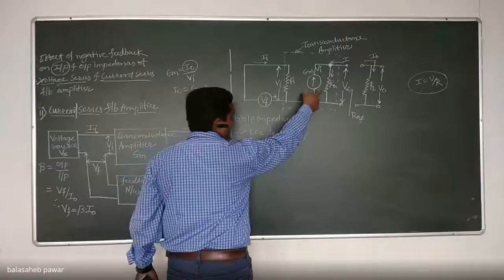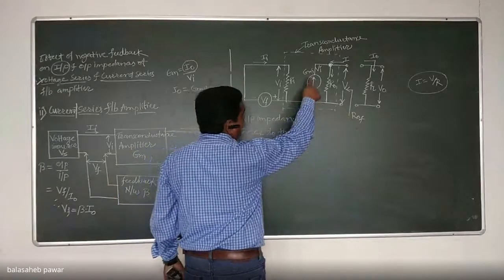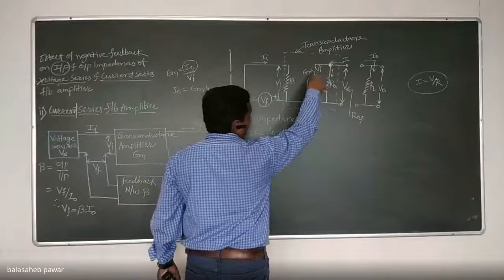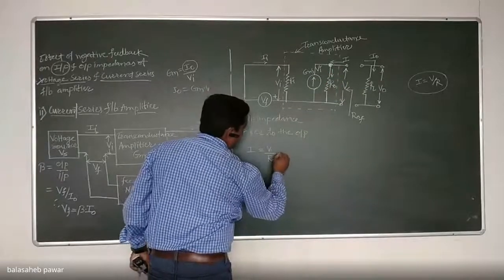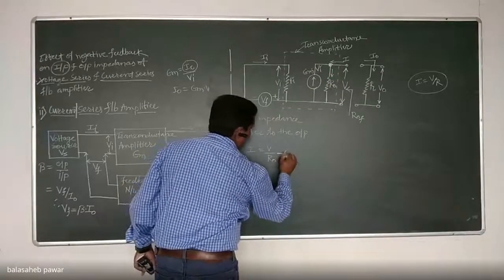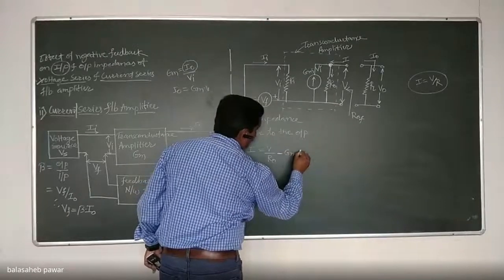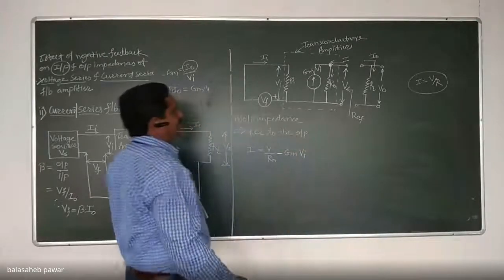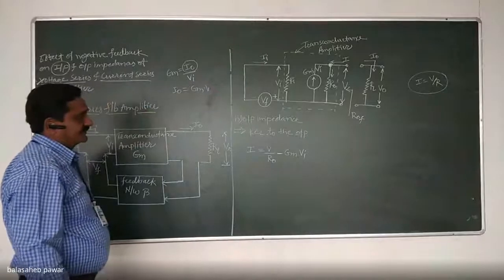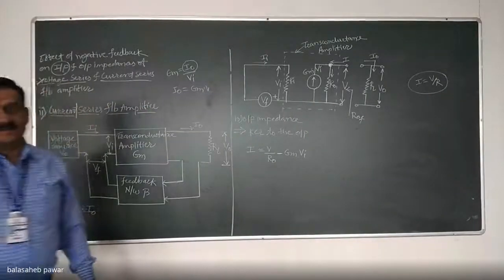But you will observe the direction of that current source is shown opposite to that of I. And hence, we have to write it as minus GM into VI. This is the KCL at the output. Okay?